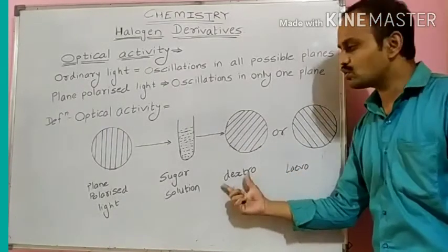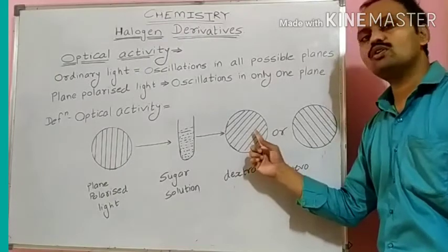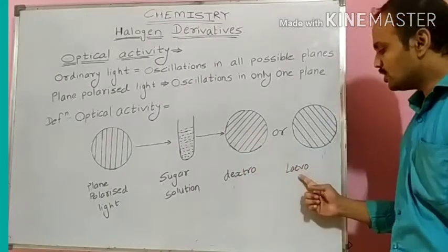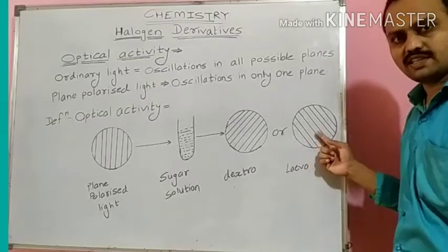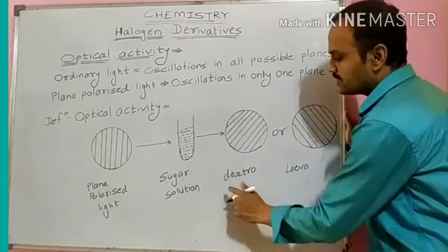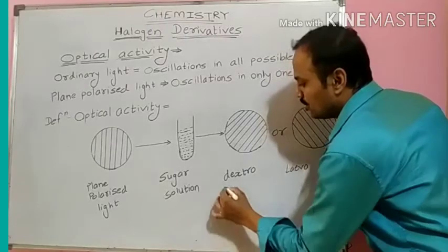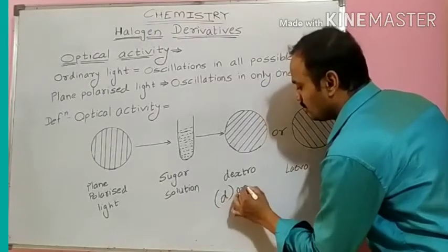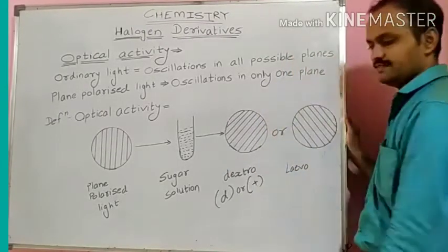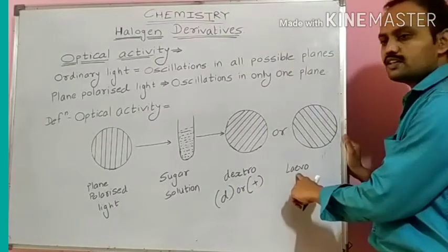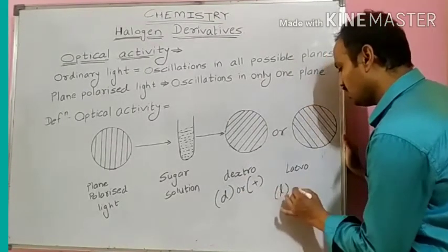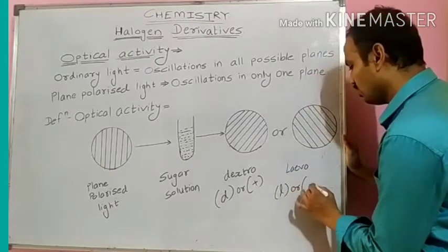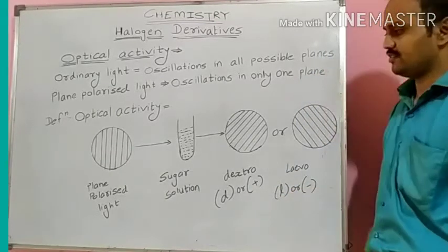So dextrorotatory means right hand side or clockwise. Levorotatory means anti-clockwise or left hand side. Dextrorotatory is denoted by small d or plus sign. Levorotatory is denoted by small l or minus sign.